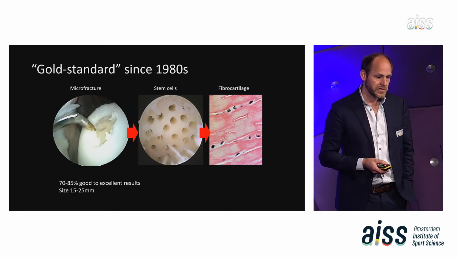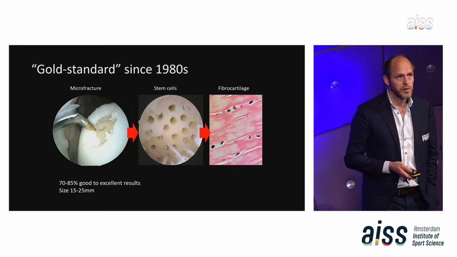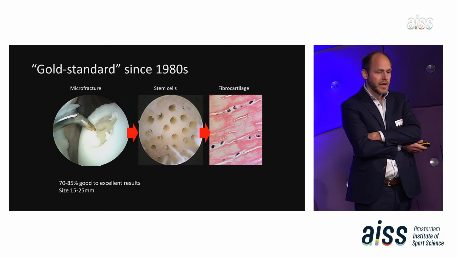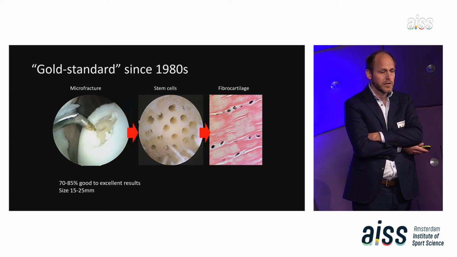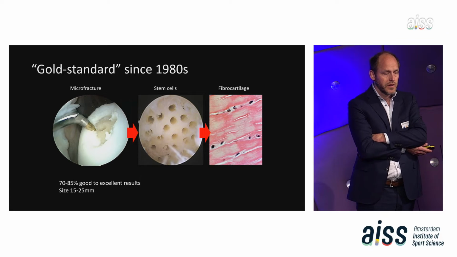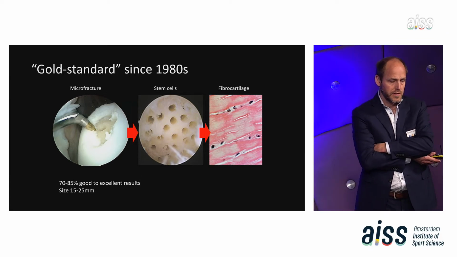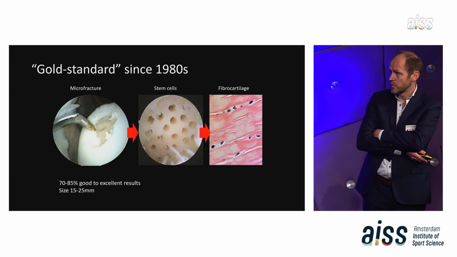So how about this natural repair stimulation? You probably all have heard of the microfracturing technique and the subchondral bone stimulation, where bad cartilage is removed, and with a probe or other instruments or a drill, holes are drilled into the bone to promote the healing, the blood clot formation, and the stem cell recruitment.